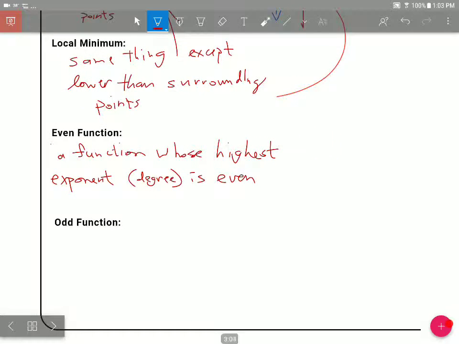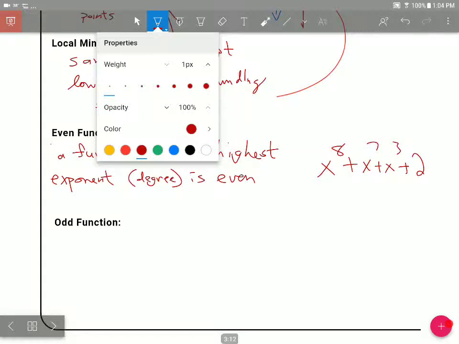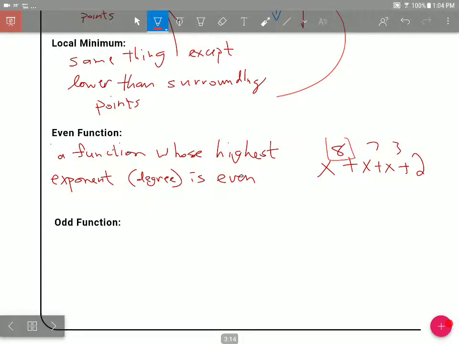For example, x to the 8th plus x to the 7th plus x to the 3rd plus 2 would be an even function. Even though everything else is odd, the highest exponent is even. That's an even function.